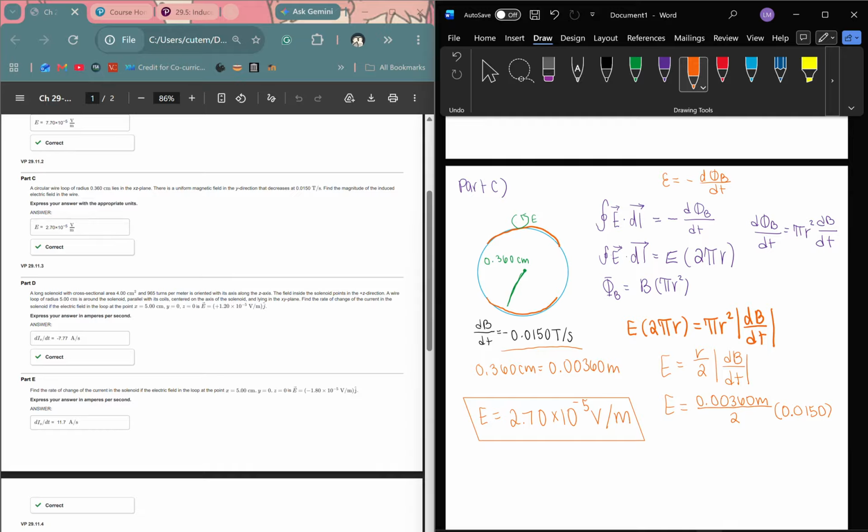Since we're only finding the magnitude, we use the absolute value, so there is no negative sign.